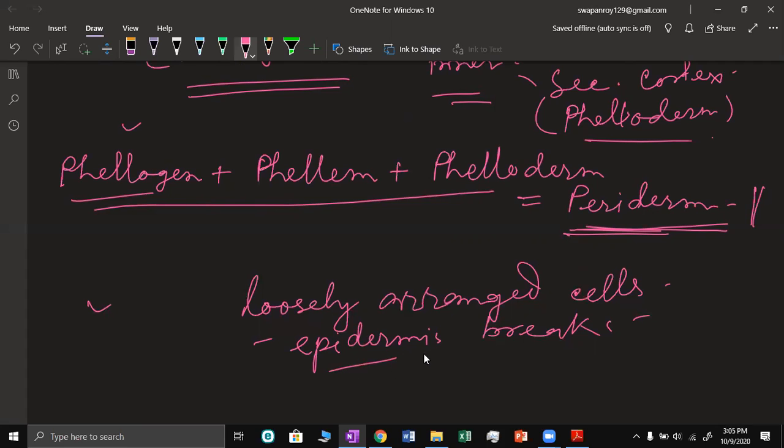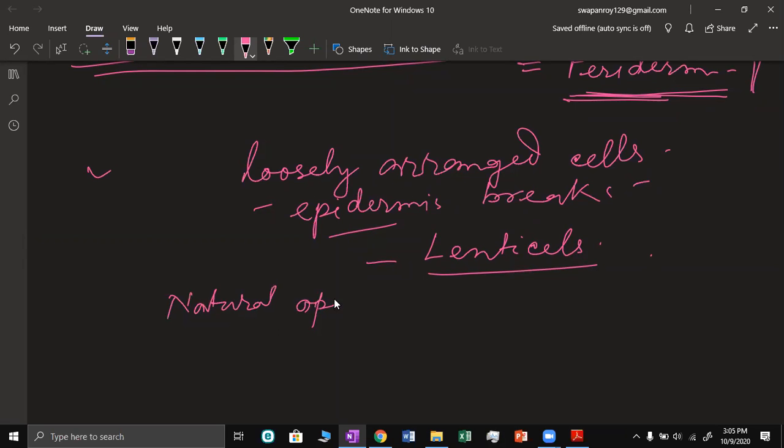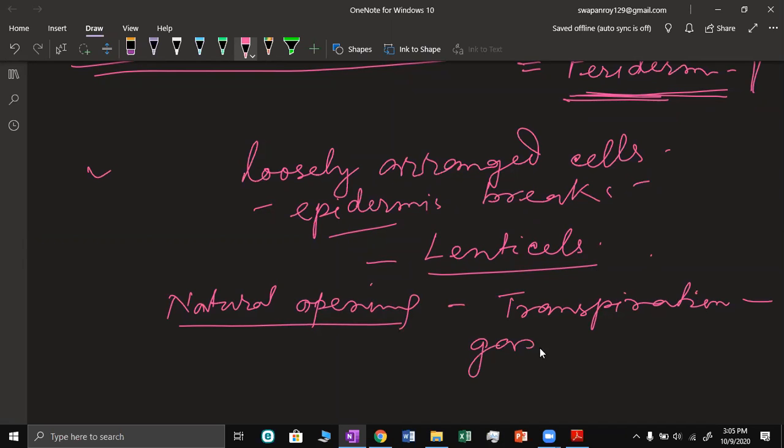These become natural openings on the bark of the tree, and these are known as lenticels. These are natural openings which help in transpiration and also help in gaseous exchange.